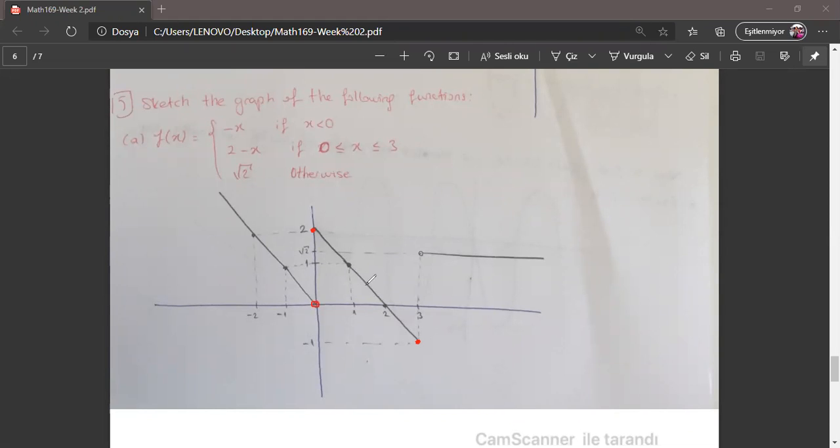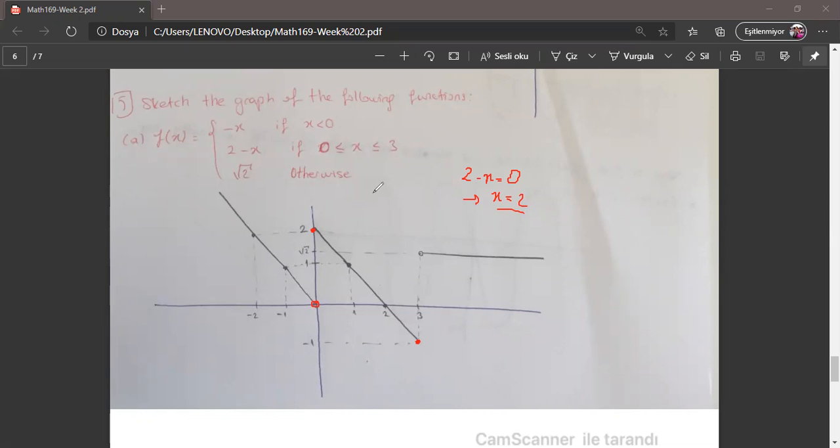How do we know these points? When x equals 2, it gets 0. So this one is 2. Now, otherwise means that if x is not in this interval, neither in this interval nor in here, then it's square root of 2. So on this interval from minus infinity to 3, it's defined.